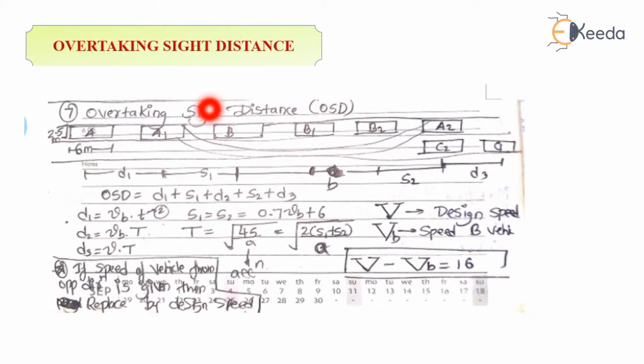First we will talk about D1, this distance. D1 is nothing but the distance covered by vehicle A from point A to A1. Likewise, as vehicle A covers a distance from A to A1, similarly vehicle B also covers a distance from B to B1.